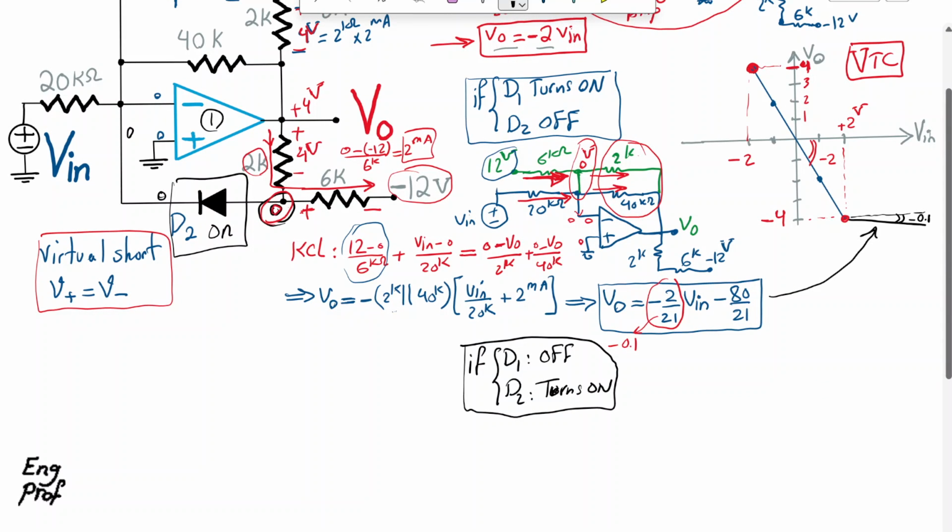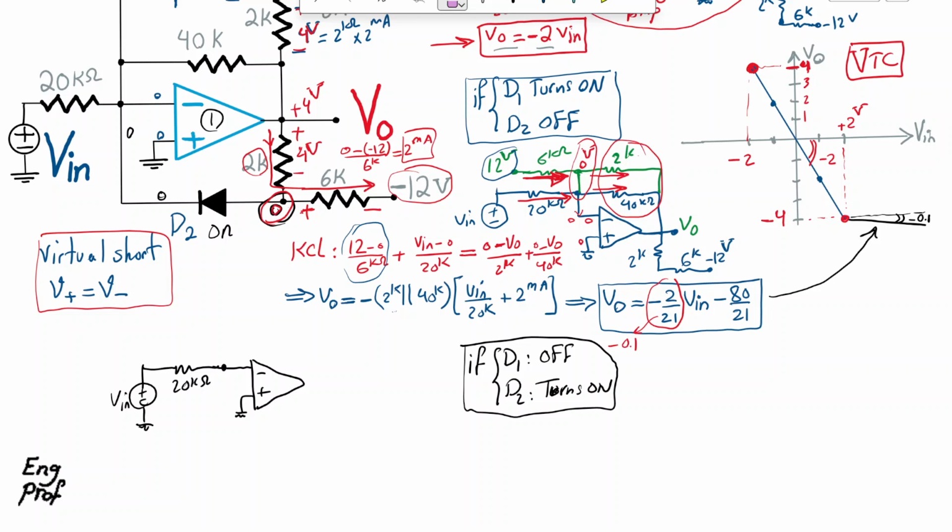So we have Vn plus minus, and we have ground. We have a connection via a 20K resistor to the negative input terminal of the op-amp. The op-amp positive terminal is grounded.